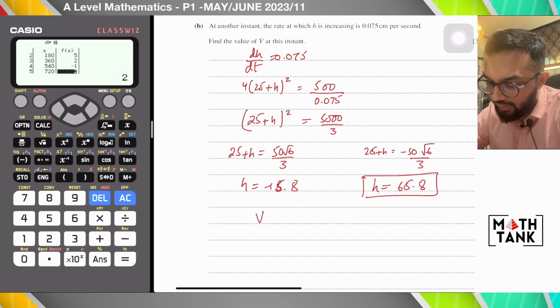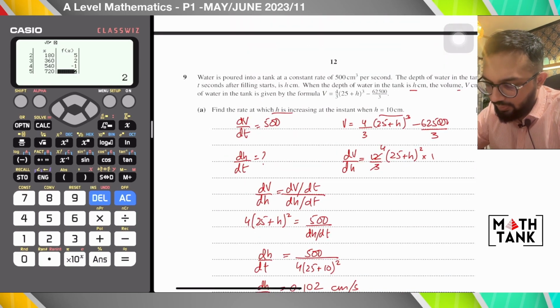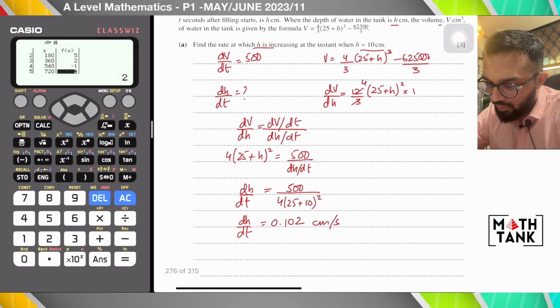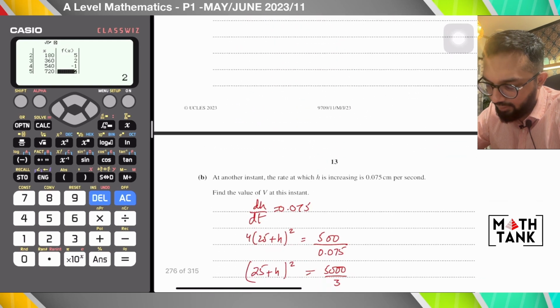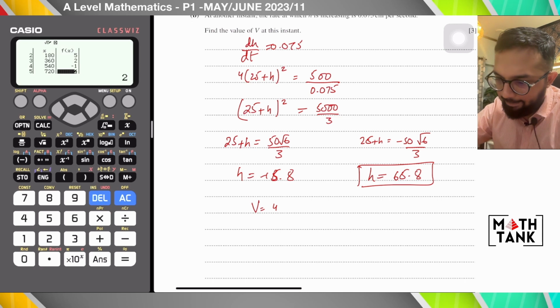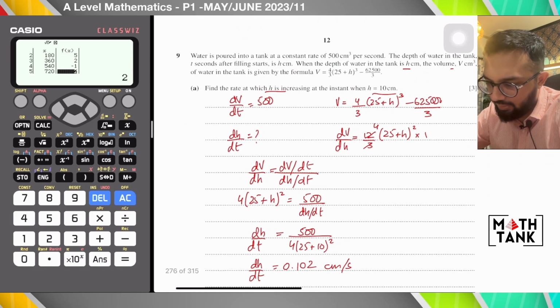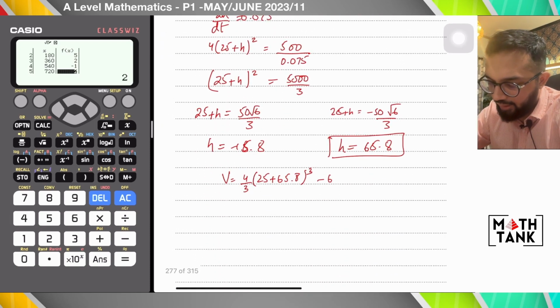What is the value of V at this point? I'm going to pick up my formula for V, 4 over 3, 25 plus h whole cube minus 62500 over 3. It's a very complicated sort of expression.